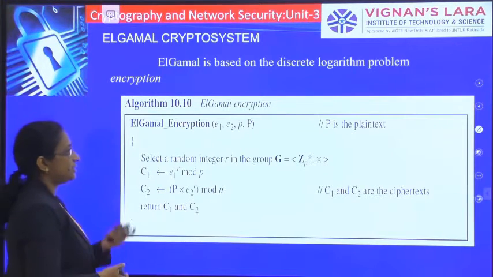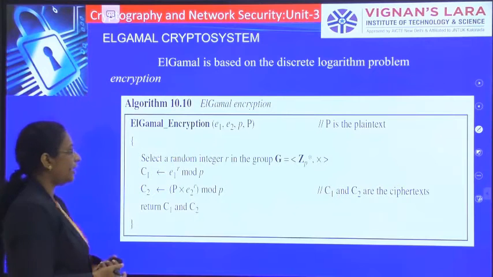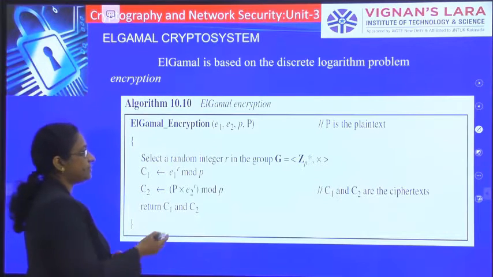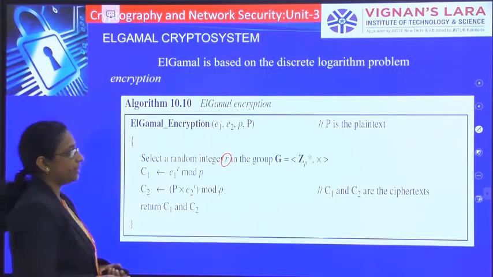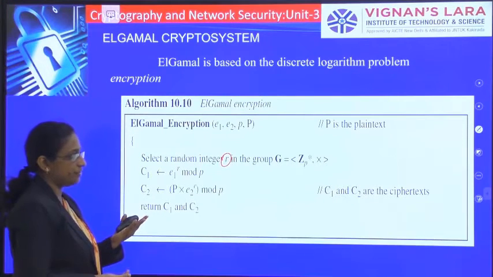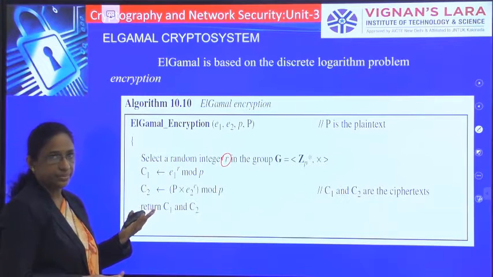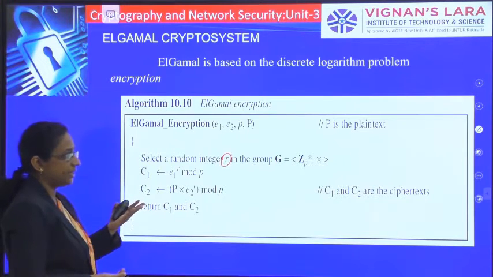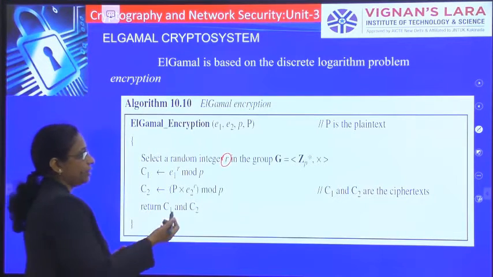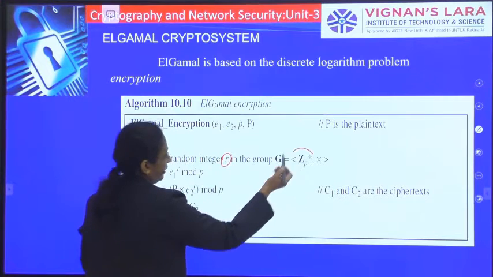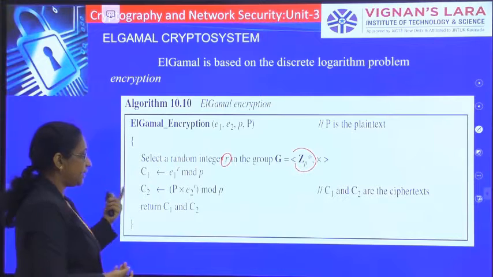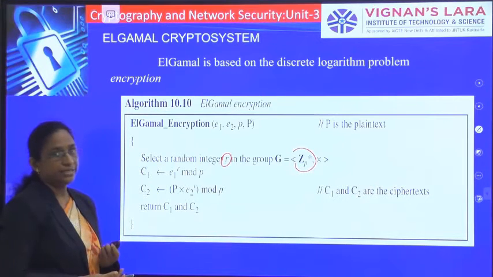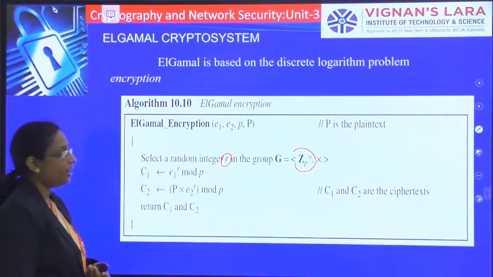And this is your encryption process. For encryption you have to select a random integer R in the group Z_P star, the set of residues with multiplicative inverse. Then we will be calculating the two ciphertexts.